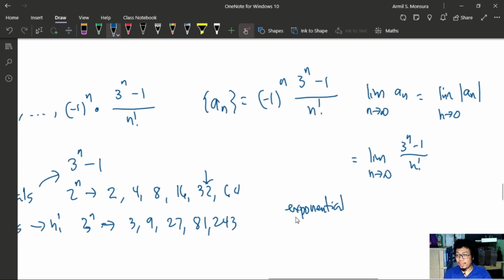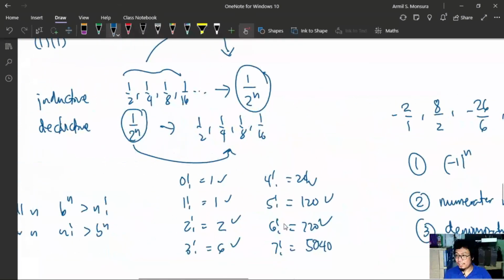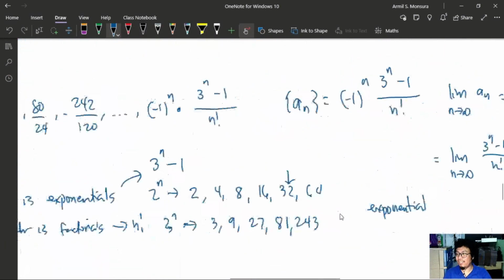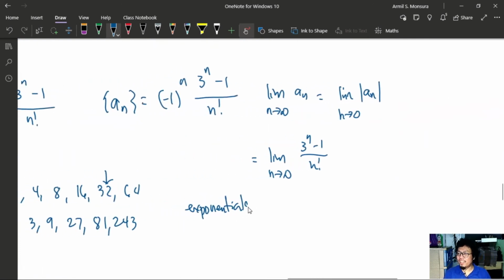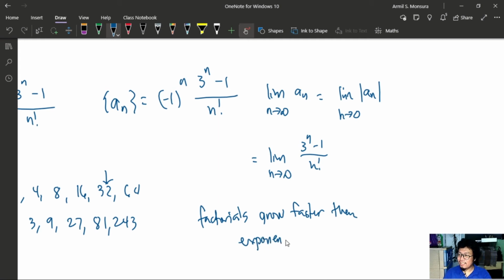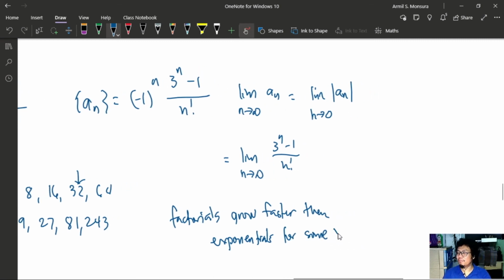I'll write it here. Factorials grow faster than exponentials for some value of n.